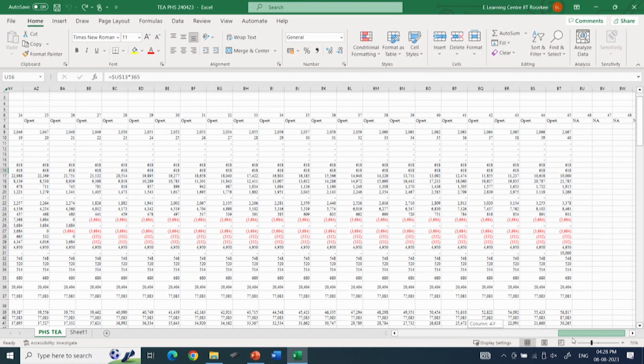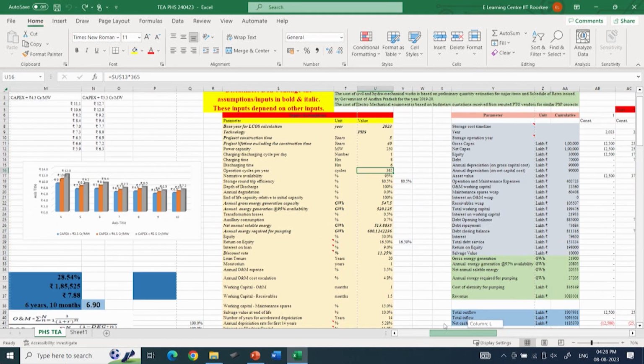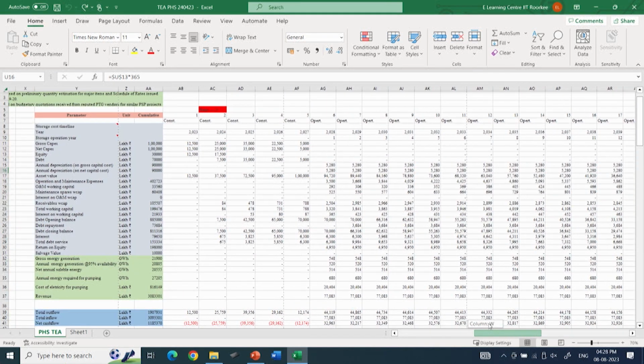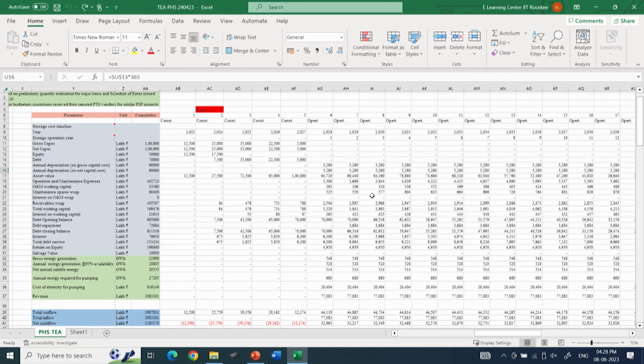That's why you can see it going till 45 years or so. Then you have the different cash flows in front of you, and most of these cash flows will be automated. The formulas you can see in the formula bar are quite large, and they take into account a lot of factors that are involved. I wouldn't go into each one of them, but this was just to give you a glimpse.